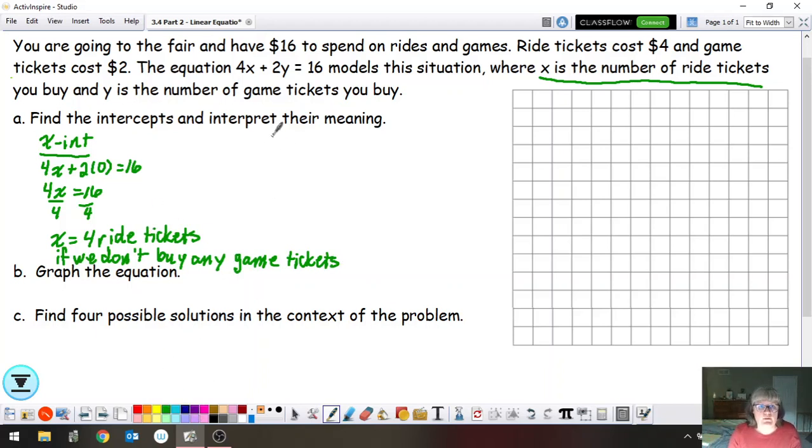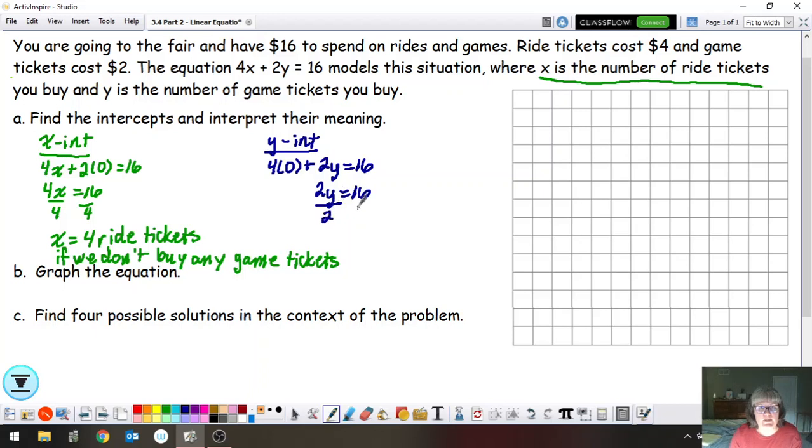Let's find the y-intercept. Again, the y-intercept is when x is 0. So we have 4 times 0 plus 2y equals 16. So basically 2y equals 16.